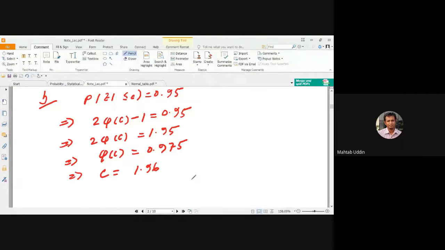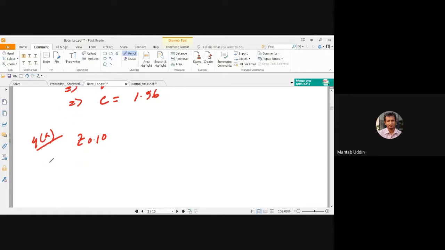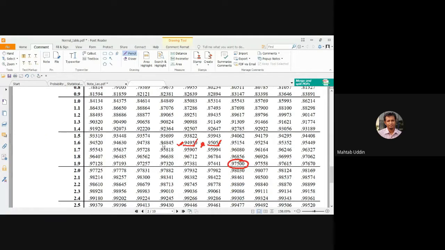What is given as A? For A, look carefully. It is given that you have to find Z10. If Z10 is given, it indicates that Z naught is the required value whose probability is 0.10. Now from the negative table, you can find Z naught equal to minus 1.28. 0.1 is the target here.